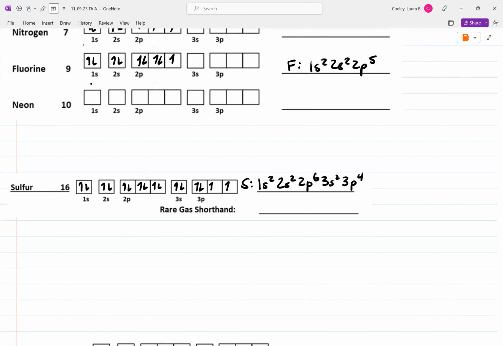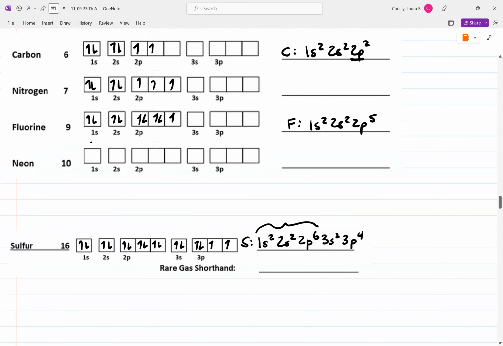All right, now what you do is you notice, if you look at this, 1s2, 2s2, 2p6. Let me finish this. I'm just going to do this so that you have it in these notes.